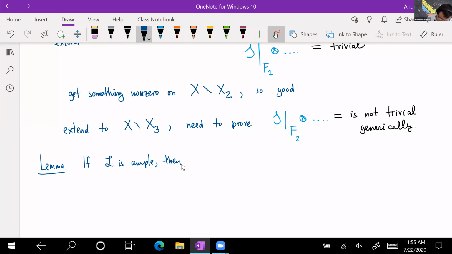If L is ample, then if I take its weight in A restricted to F1, that is not equal to its weight in A restricted to F2.